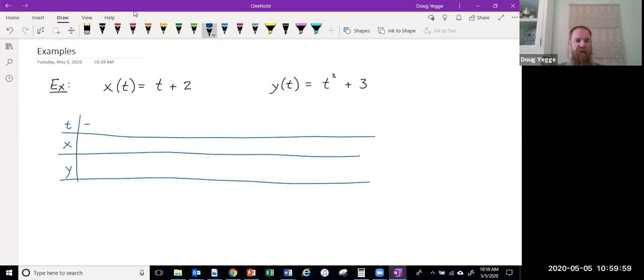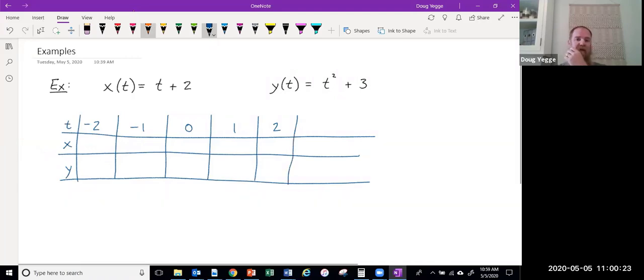So let's pick maybe -2 for t, -1, and 0, and 1, and 2. You could obviously pick more if need be, but essentially you plug in -2 for each of these. And so let's just plug in -2 for the x equation.